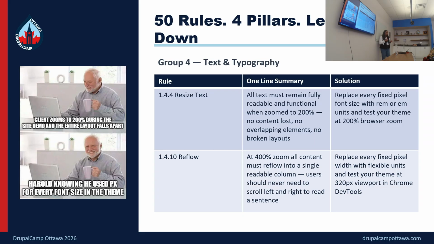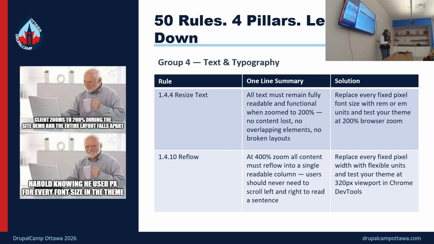So, for example, if you zoom into the screen and the text is broken, it's overlapped, it's creating a scroll bar, this should be taken care of under this rule. Simple solution: replace all the fixed units with rem or em, and test your theme at 200% browser zoom.